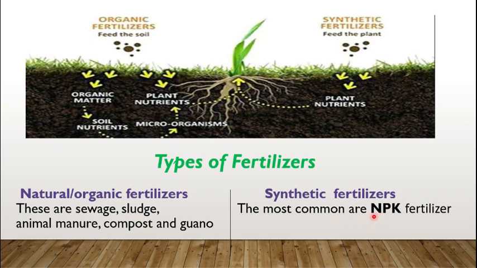Those fertilizers that contain nitrogen, phosphorus, and K for potassium are named as the NPK fertilizers. Like urea, you have seen. So NPK, N for nitrogen, P for phosphorus, and K for potassium. The fertilizers that contain these elements are named as the NPK fertilizers, and these are prepared in the laboratory. That's why they are named as the synthetic fertilizers.